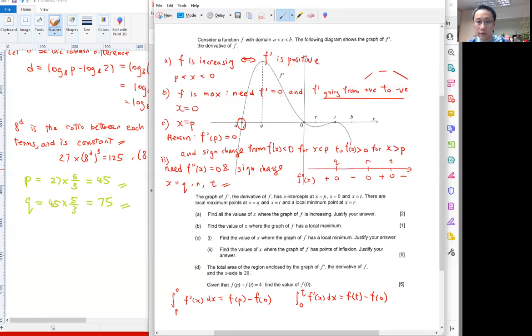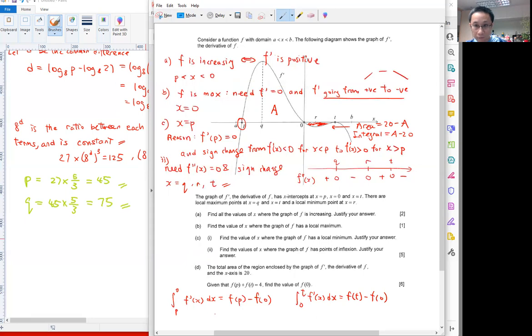Now the total area is 20. So if we let this area be a, then this area will be 20 minus a. But this area is underneath the x-axis, therefore the integral should be a minus 20 instead.